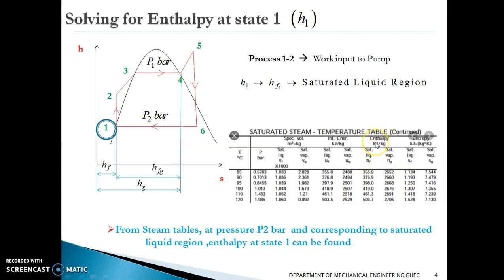Enthalpy per unit mass, capital H by m, gives small h, which is called specific enthalpy. In steam tables, we obtain all the values of enthalpies as specific quantities. So the enthalpy at state 1 can be found from the steam tables at pressure P2 bar, since 1 lies on the P2 bar line, and the corresponding value hf, 419, is the answer.